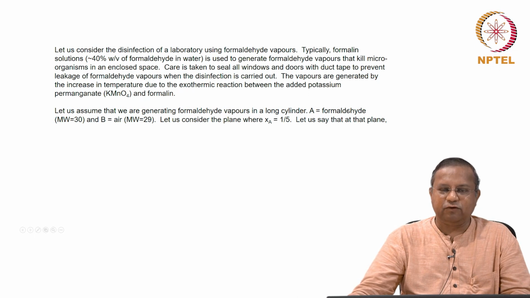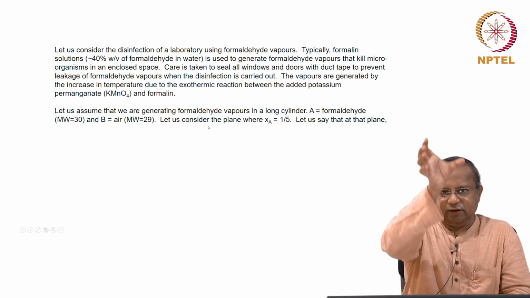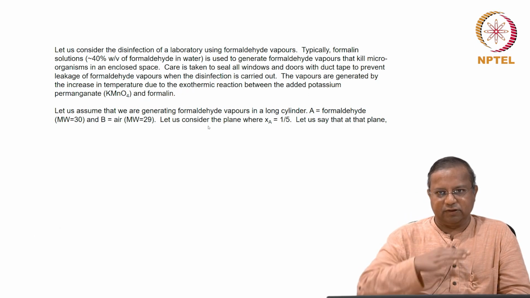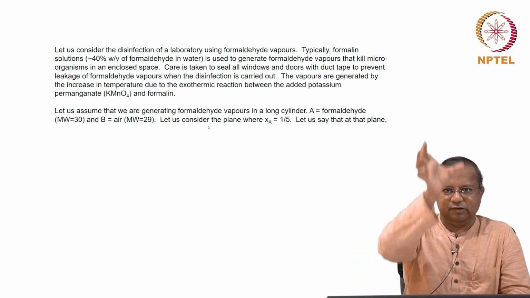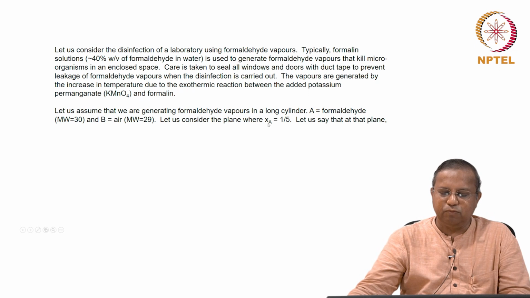Let us say A is formaldehyde with a molecular mass of 30 and B is air. Let us consider the plane in the long cylinder. Okay, there are various planes in the long cylinder where the mole fraction of formaldehyde is 0.2, 1/5.